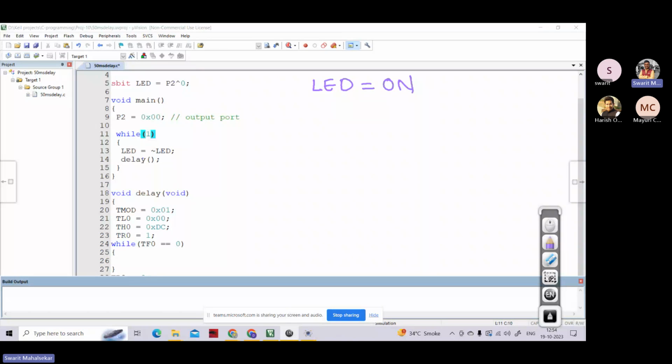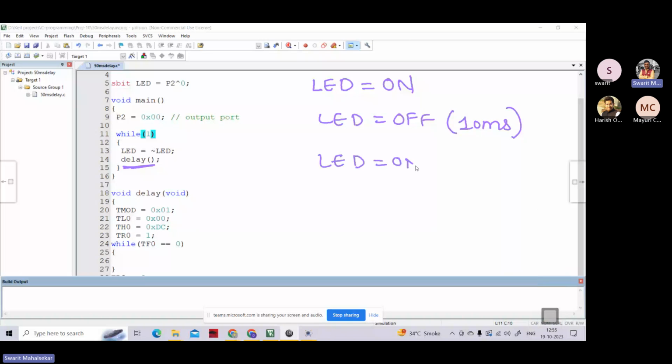After this instruction my LED will be in off condition, and then I created this delay, so it will be off for 10 millisecond. Since I've written the while statement, it will iterate infinitely. After 10 millisecond this LED will be on, and again after 10 millisecond it will be off, and it will keep doing this infinitely as we used the while loop. So you understood the logic.